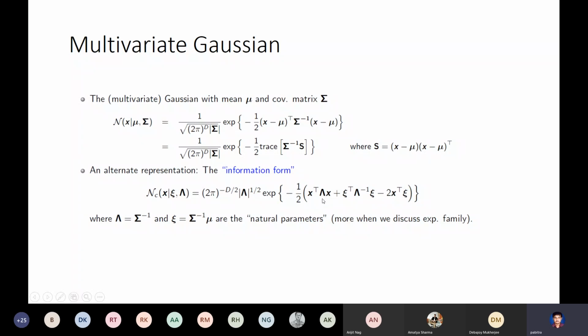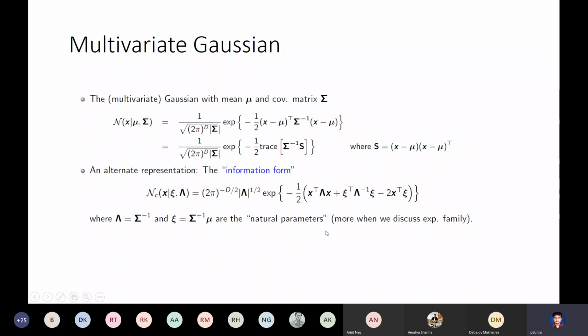Here it was x minus mu transpose; that x minus mu business I do away with. It is directly x transpose lambda x, plus xi transpose lambda inverse xi, minus x transpose xi, and a half over everything. These are sometimes called the natural parameters.